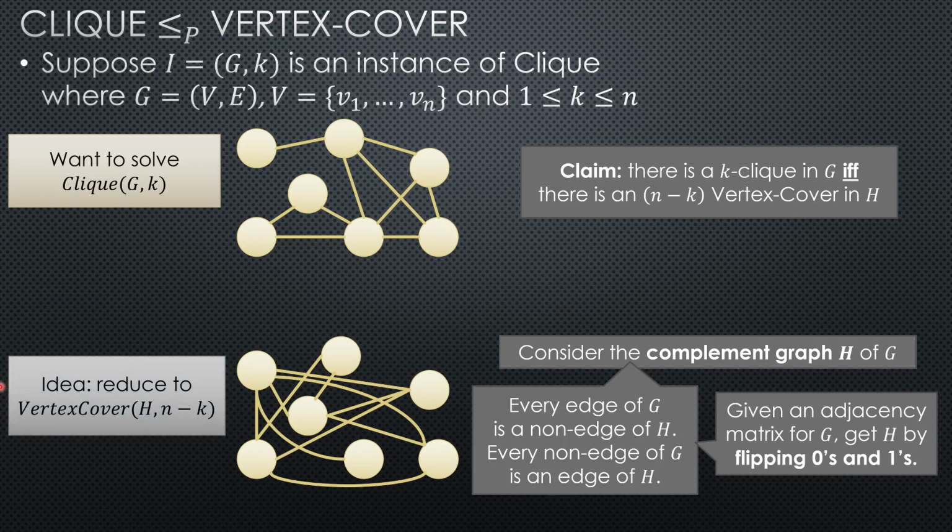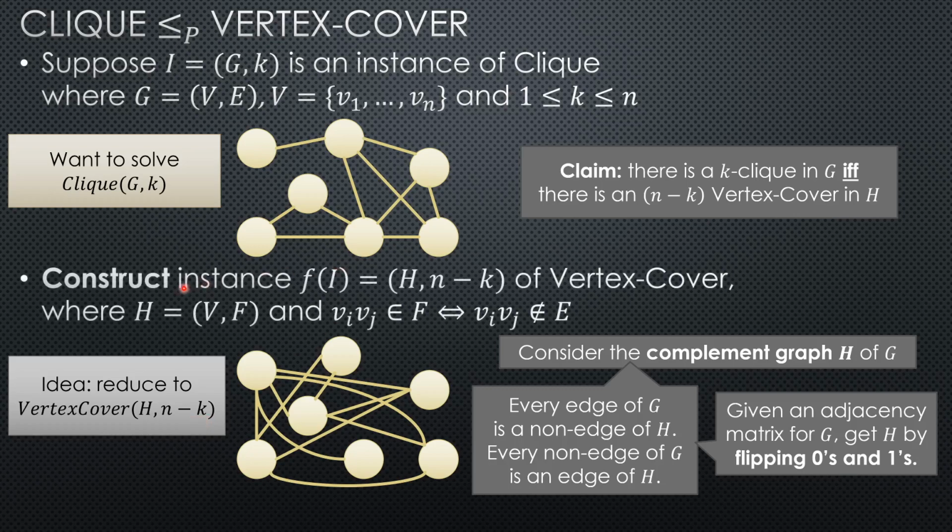The idea here is, if we want to solve Clique G comma k, we're going to reduce that to vertex cover on H, the complement graph, looking for an n minus k vertex cover. So we're going to construct a transformed instance, f of I. It's not just a graph. We're going to take this input I equals G comma k, and transform it into H comma n minus k.